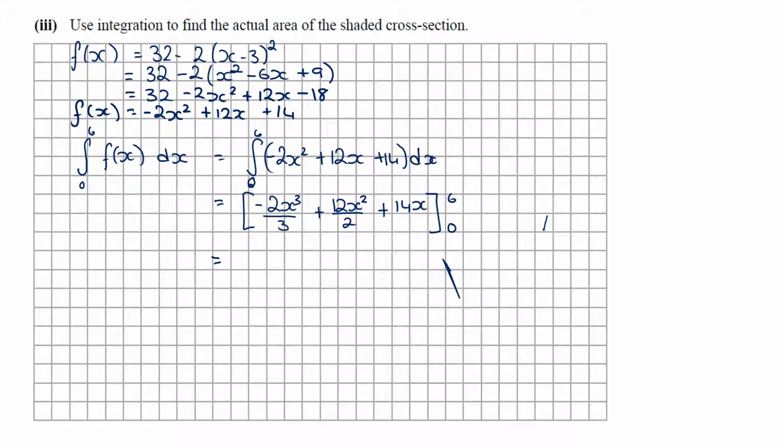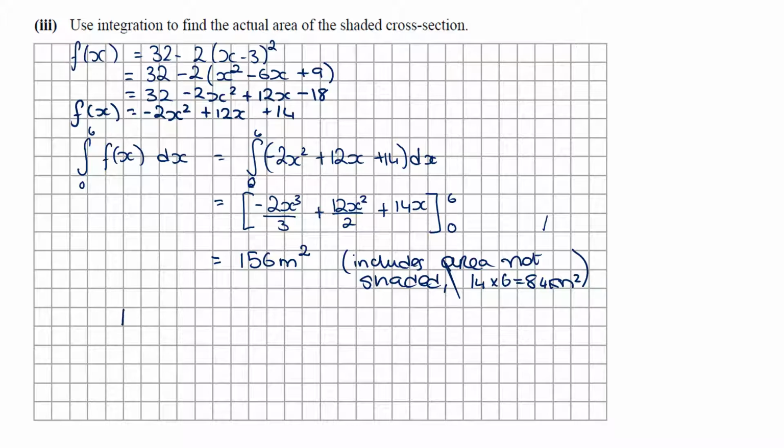So when I work that out, it should work out at 156 meters squared. However, this includes area not shaded, and that's important. And the area not shaded, as I showed on the last slide, which was 14 by 6, which is 84 meters squared.